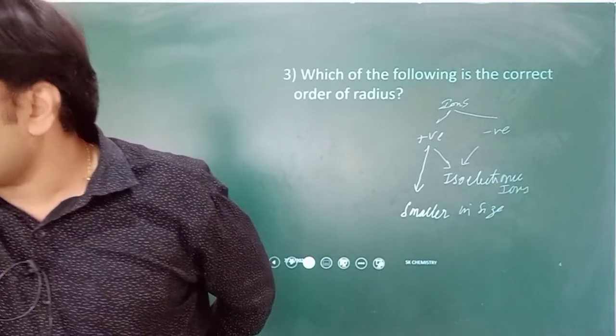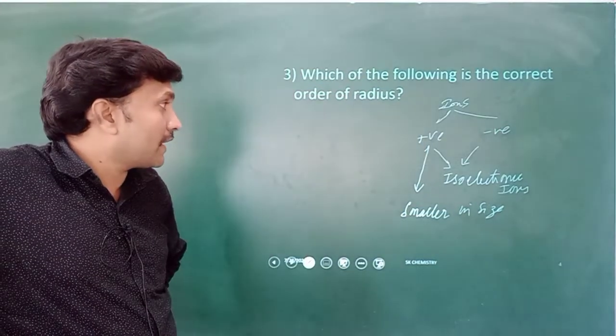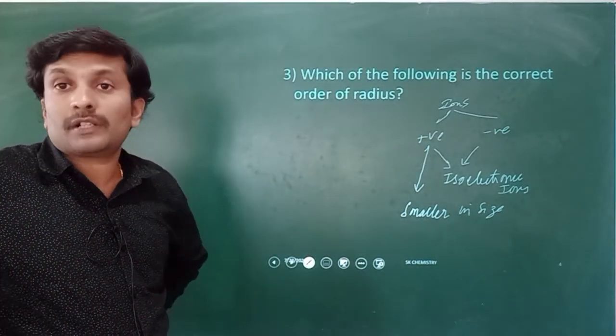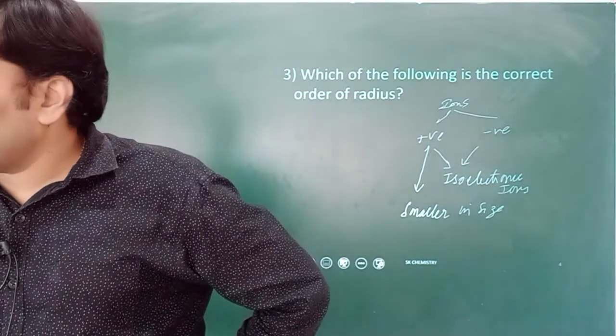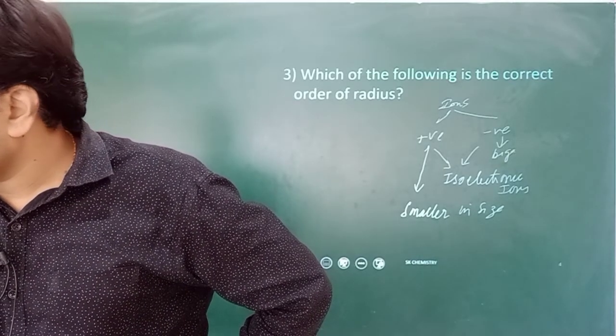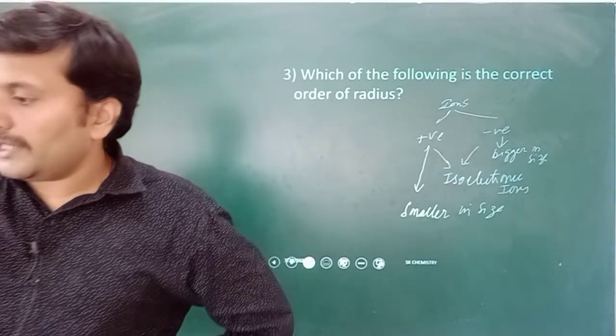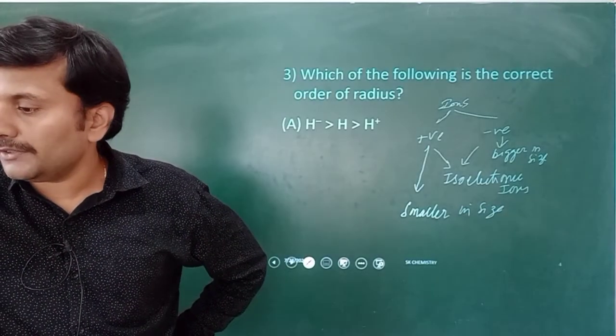Children, what are isoelectronic ions? Isoelectronic ions are those ions which have the same number of electrons, whereas negative ions are bigger in size. So the moment it comes, let us see the options.